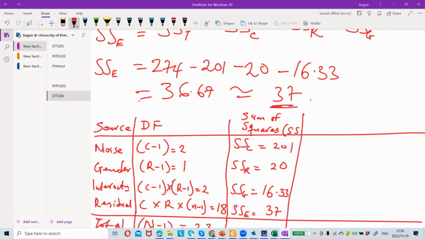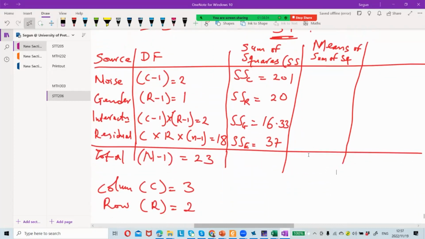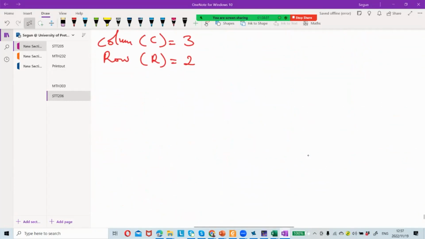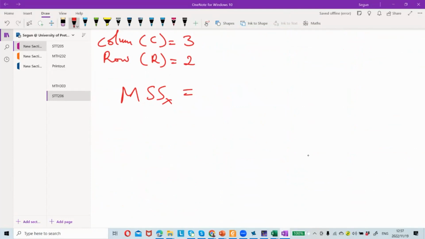Then, for us to get the mean of sum of square, let me write the formula here: MSS is equal to SS divided by degree of freedom.